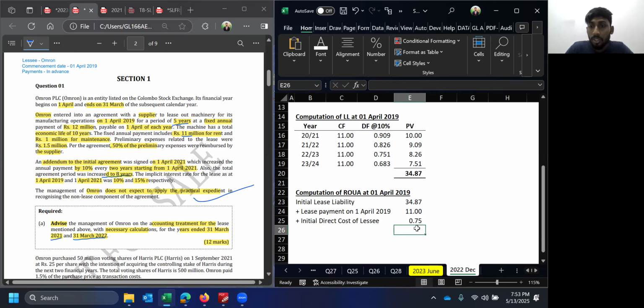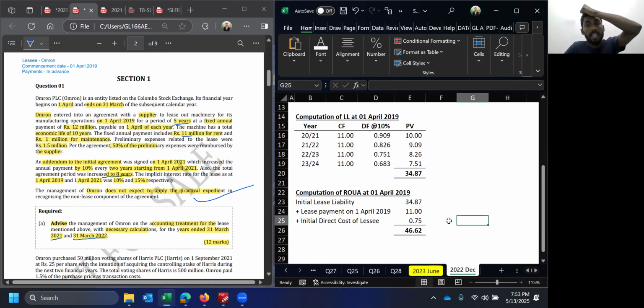So I have cost of right of use asset 46.62 million. Good.